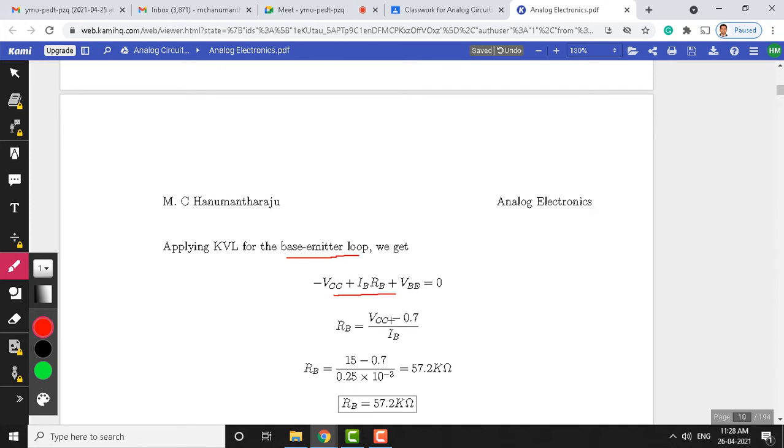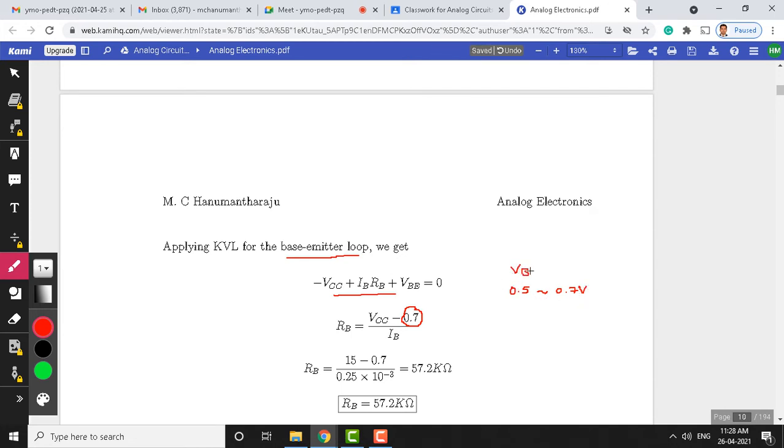RB is found to be VCC minus 0.7 divided by IB. Remember that VBE was not given, here we have taken it as 0.7 volts. You can assume the VBE value anywhere between 0.5 all the way up to 0.7 volts, even though it is not given.